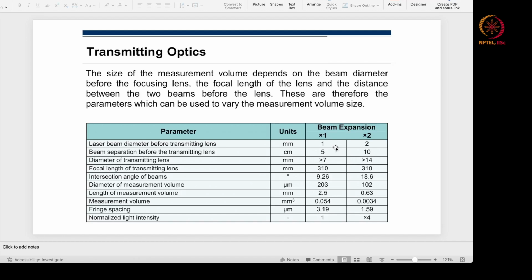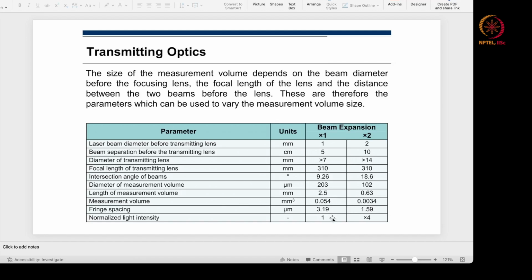This has therefore a d square dependence. So the light intensity in that particular spot goes up by 4 times if you can reduce the diameter to half. So the measurement volumes are off by a factor of 4.